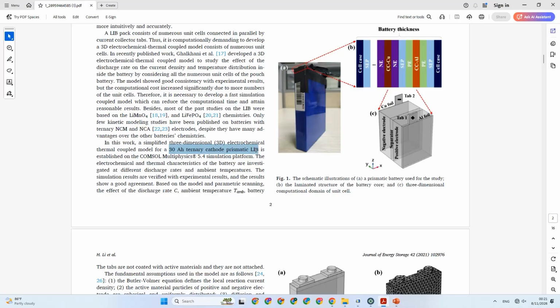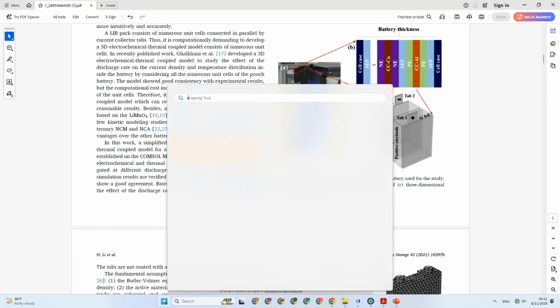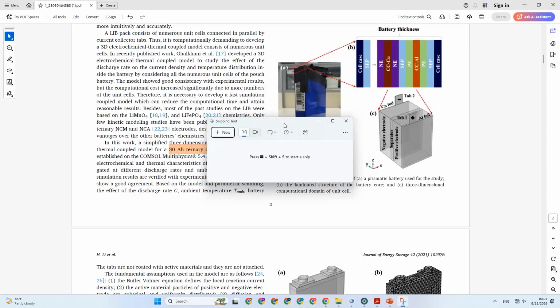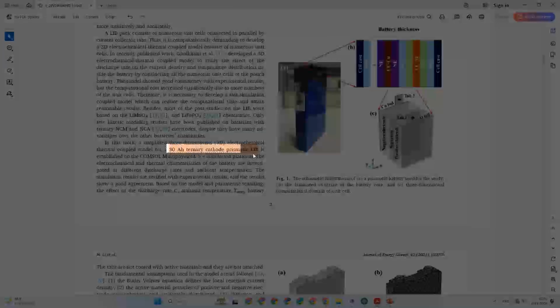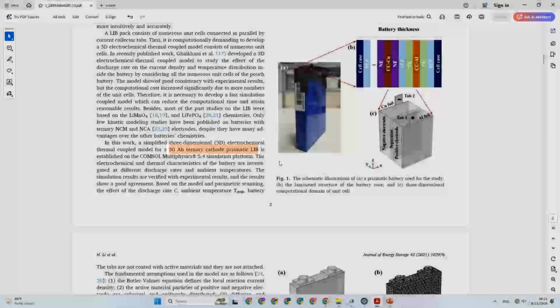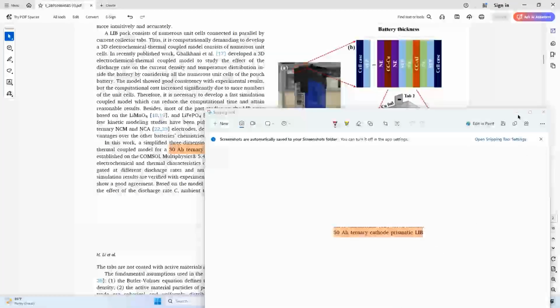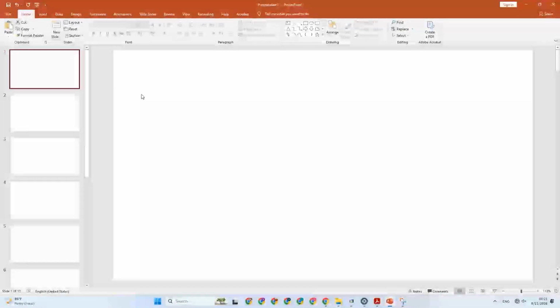Okay, I just highlighted it. For each one of them, I can use a snipping tool. Here we can choose, and I take a screenshot of the important points.